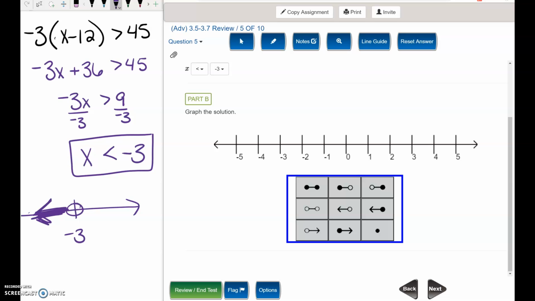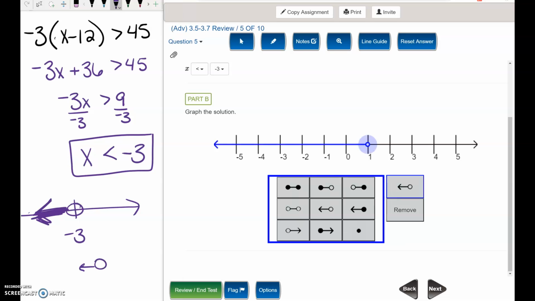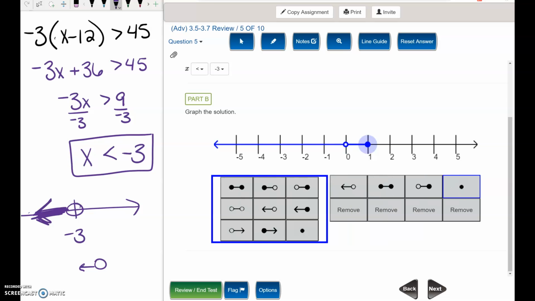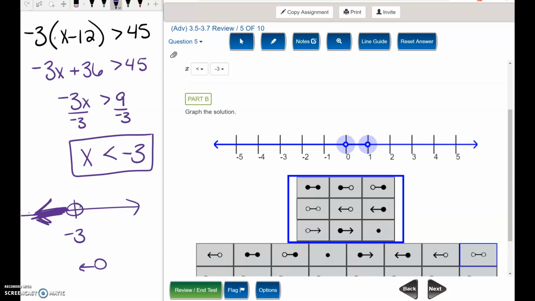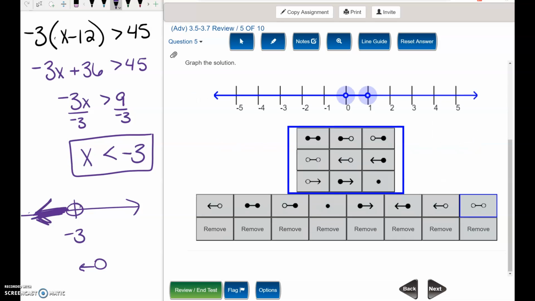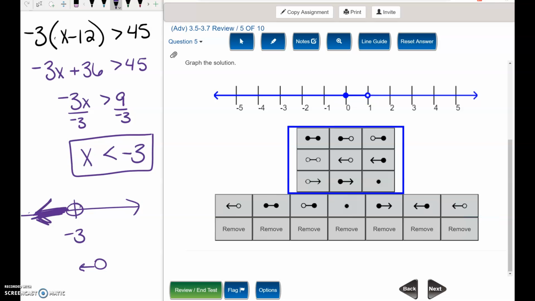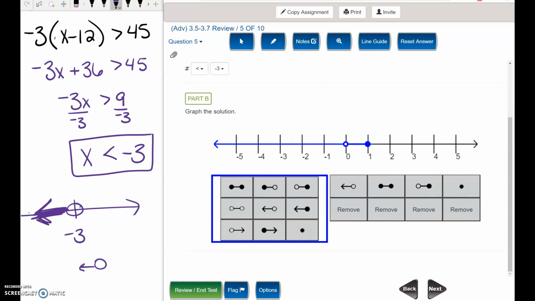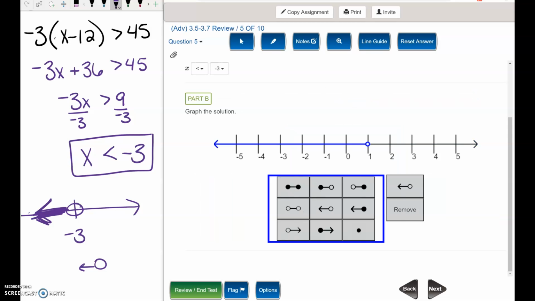So I want the one that is open circle pointed to the left. That's this one. Whichever one you click, it puts those selections over here on the right. So you could click multiple things and have a whole bunch of things on this graph. If you get too many things on the graph that you don't want, you just click remove on the ones that you don't want. So if you make a mistake, you can remove the one that you don't want.